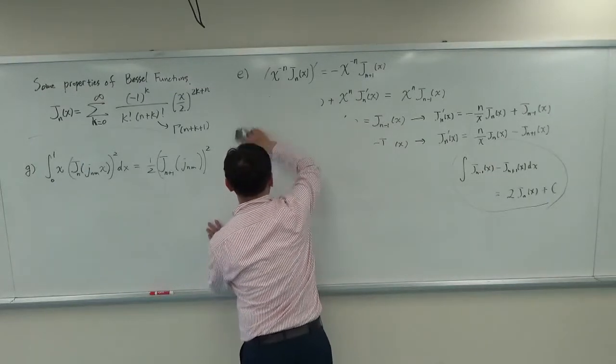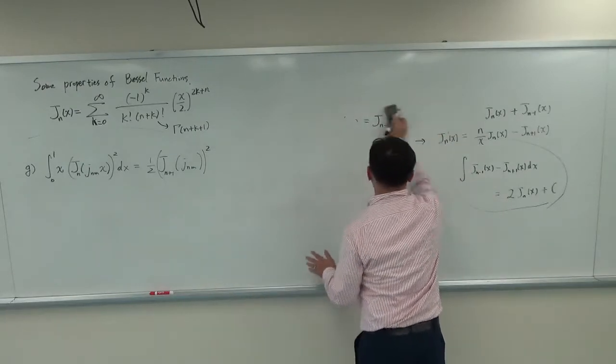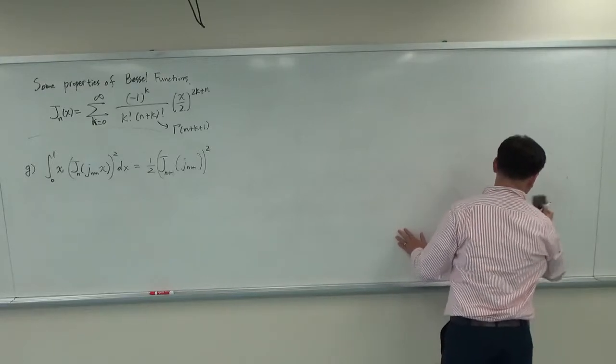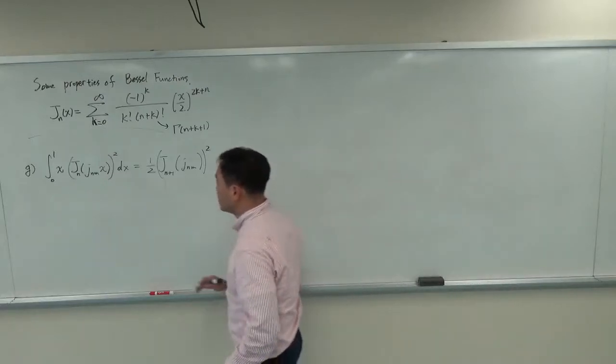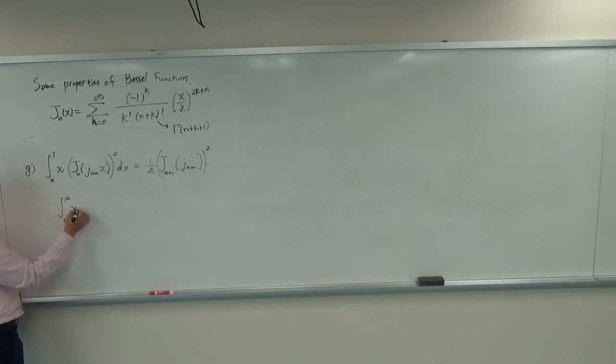Now this is an interesting one as well, because for us we had this integral from 0 to a of x J_n(j_nm r over a). Well, we had r.